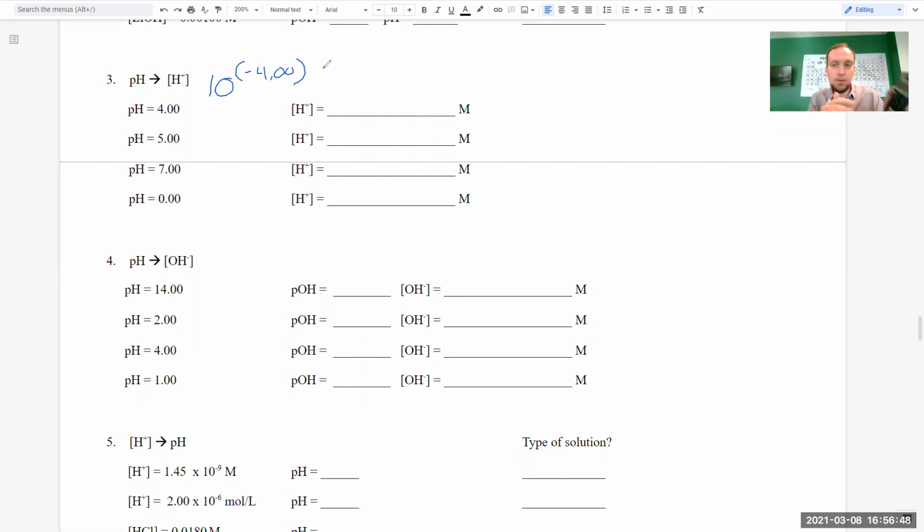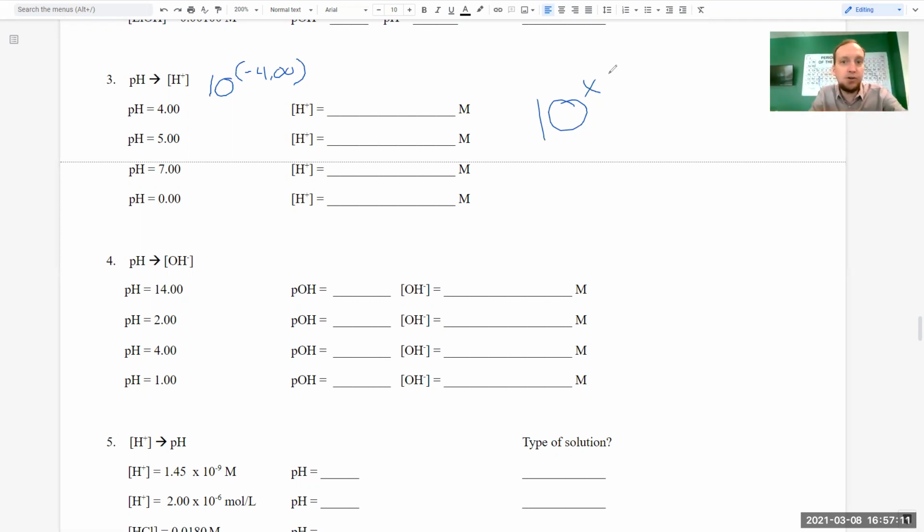If you look on your calculator underneath the second button where my log is, if I hit second, then I get something that looks like 10 to the x. That's what you want. You may have to hit the second button first, and then right below it should be the 10 to the x button. So to type this in my calculator, I'm going to do second log, which again is the 10 to the x.